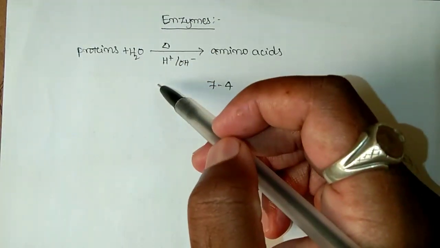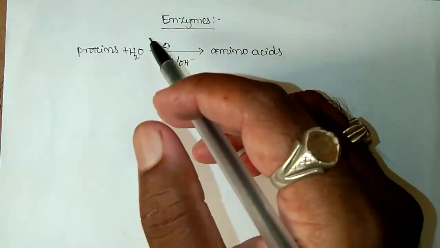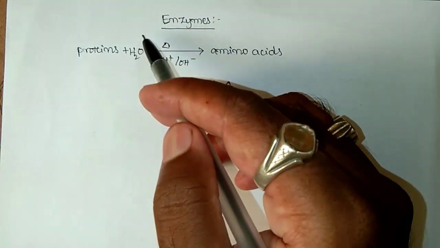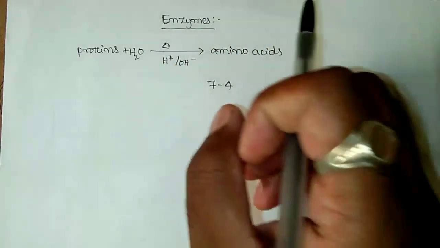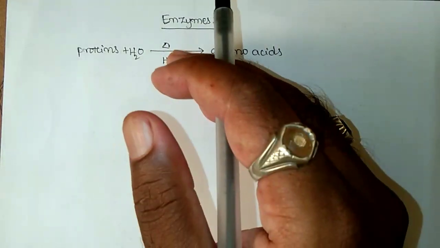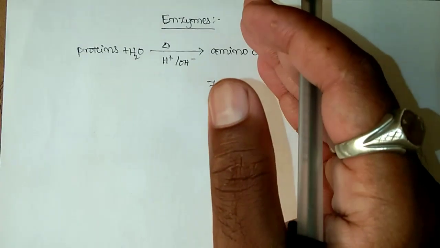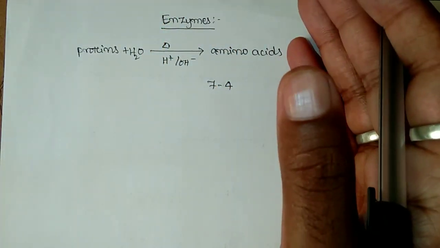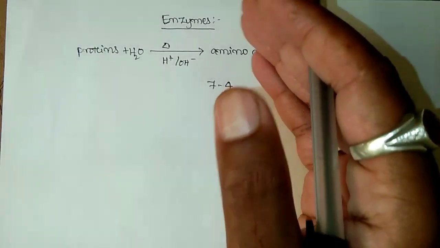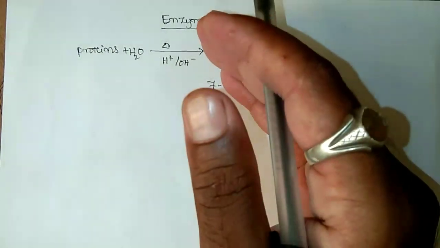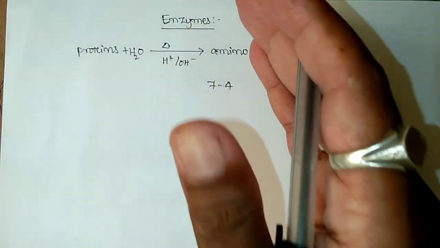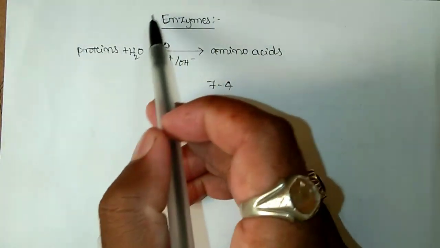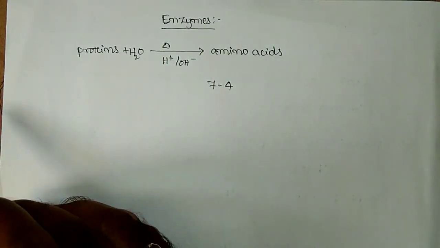This is mainly possible because certain proteinaceous materials will act as a catalyst in presence of some non-proteinic components, and that carries many biochemical reactions at a much faster rate so as to yield the products. And such proteinaceous materials which are acting as a catalyst in biological reactions are simply called enzymes.